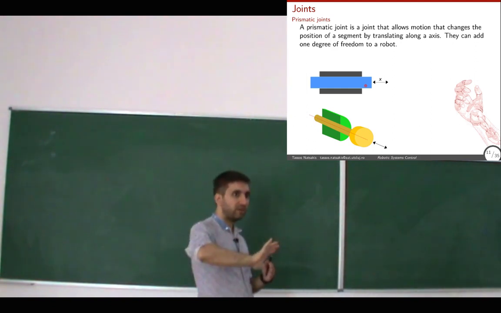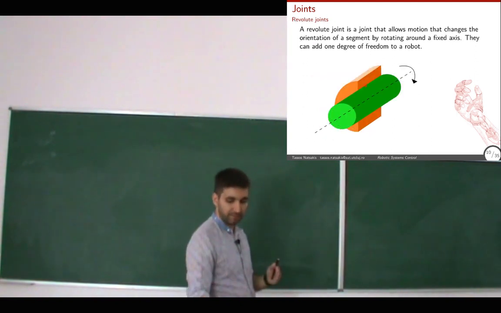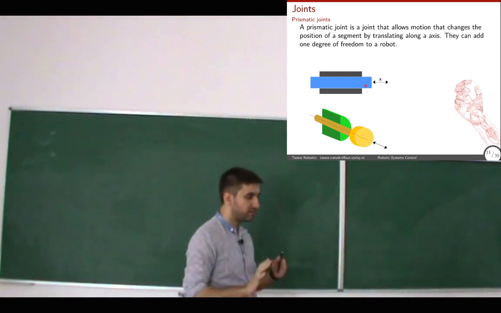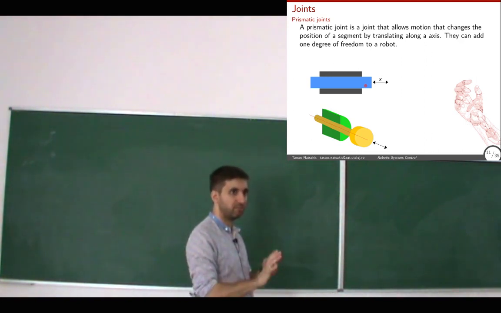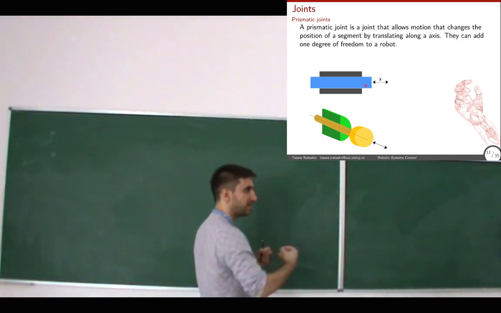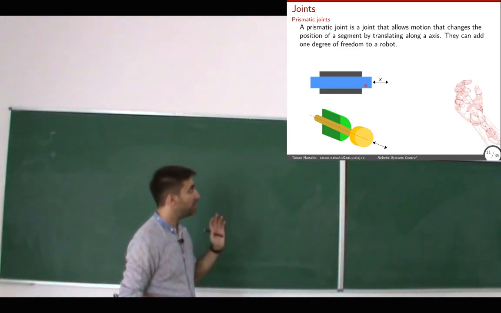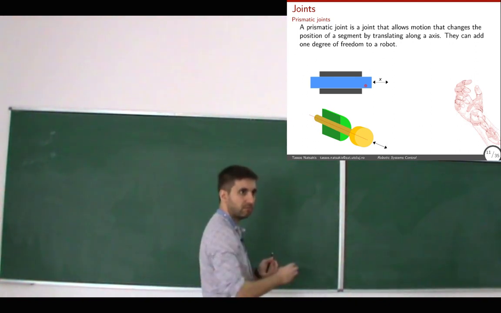So it does not change the orientation as the revolute joint does. The prismatic joint changes the position, but keeps the orientation the same. So it's basically like a sliding element. Again, it allows translation, or a change in position, along one axis.